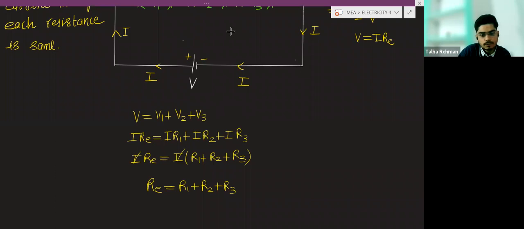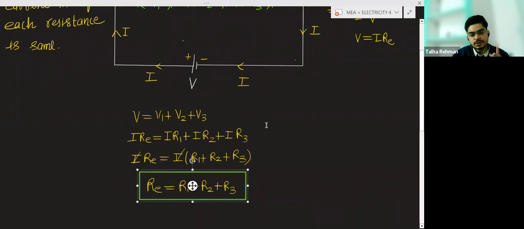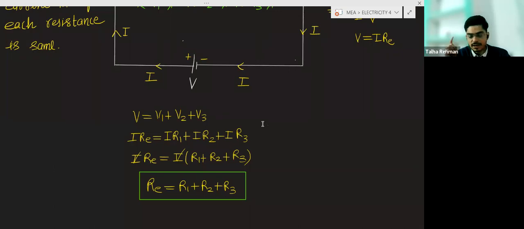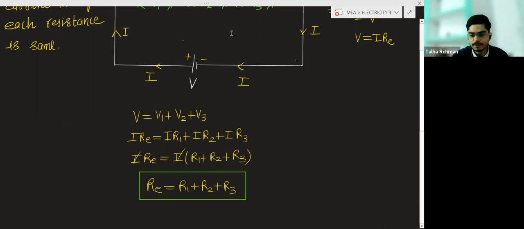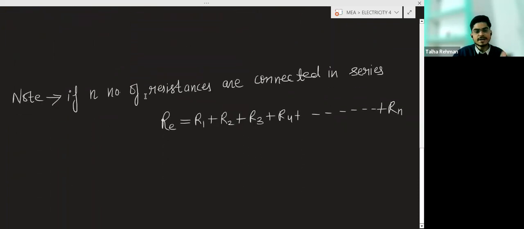Now if instead of these three resistances, four resistances are connected in series, what will be the equivalent resistance? R1 plus R2 plus R3 plus R4. If five resistances are connected, R1 plus R2 plus R3 plus R4 plus R5. I have written here, if n number of resistances are connected, n can be any number, n can be 100, 200, 1000, 10.